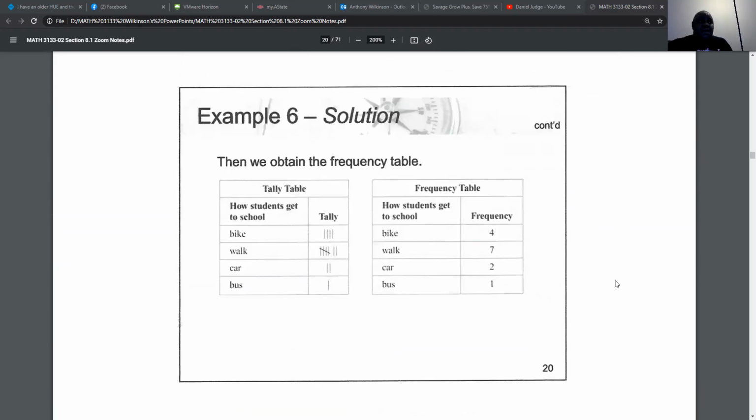So on this next slide, you're going to see the left table is the tally table. Here on the left side is how students get to school by bike, walking, by car, or by bus. And these represent the tallies of each one of those.